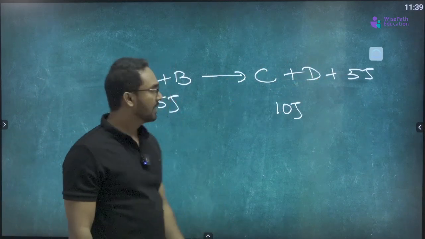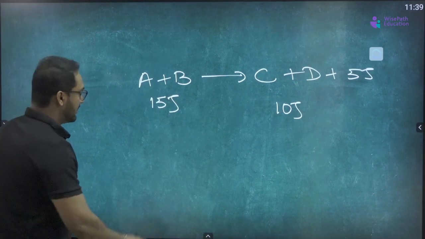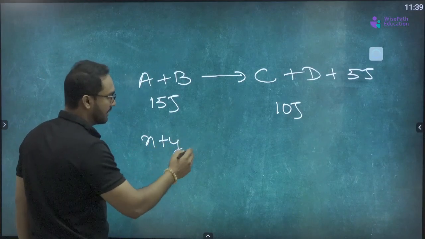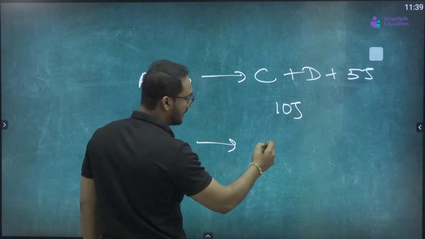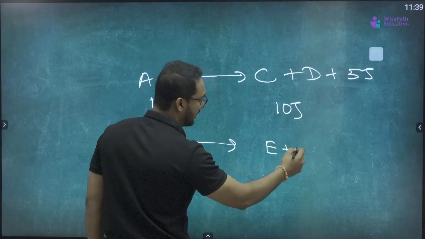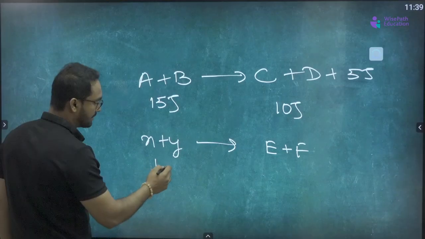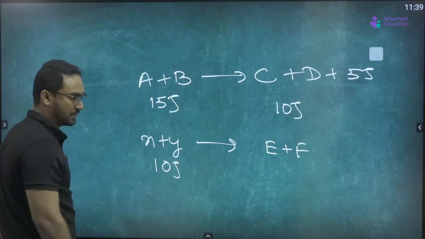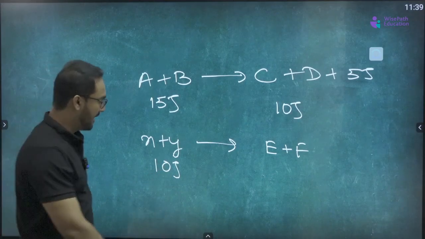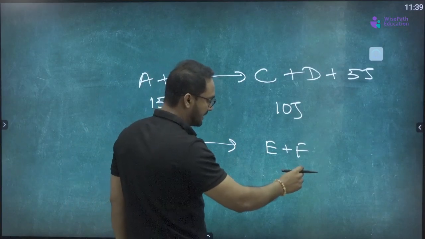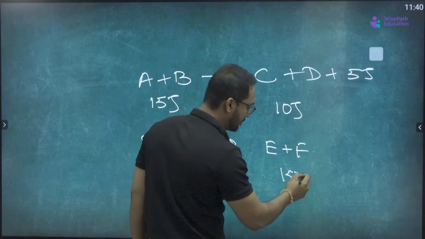And there could be another reaction, like let's say X plus Y reacts to produce E plus F. The internal energy of X plus Y is 10 joules, and when they react, the products formed have an energy of 15 joules.